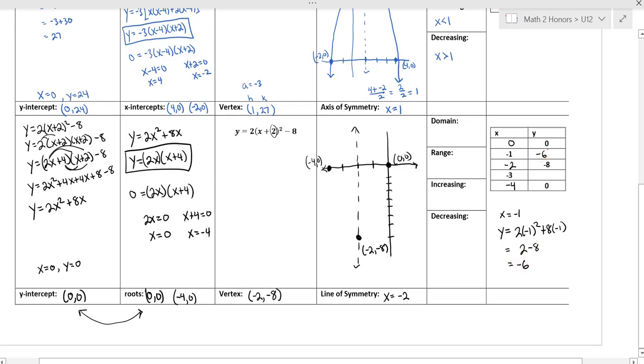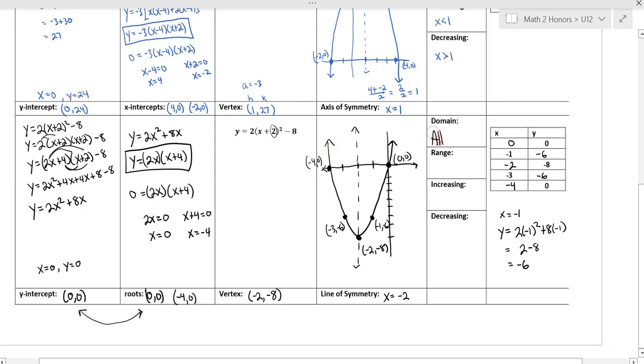So I'm going to plot that. -1, -6, about right here. And there's going to be its matching point on the other side of the middle, which is at -3, -6. And connect points with a smooth upward facing curve.